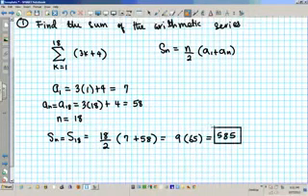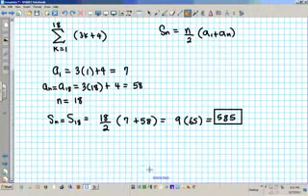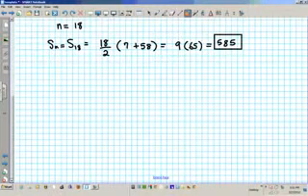Now let's go ahead and try an example involving a geometric series expressed in sigma notation.